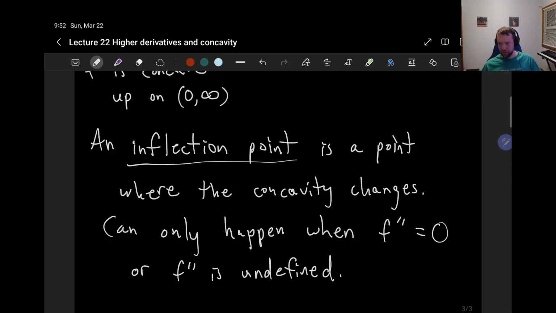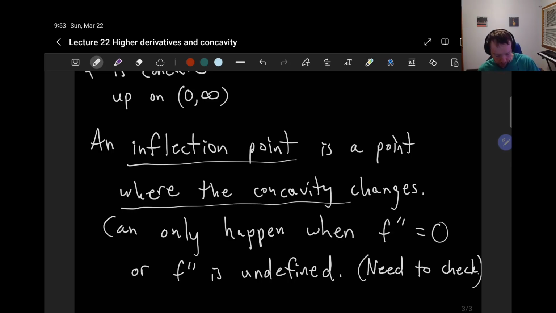But if the second derivative is 0 or undefined, then that's a candidate for an inflection point. But you do need to check. It's not guaranteed to be an inflection point. An inflection point is where the concavity changes. So we still have to check that. But this will give you your candidates.